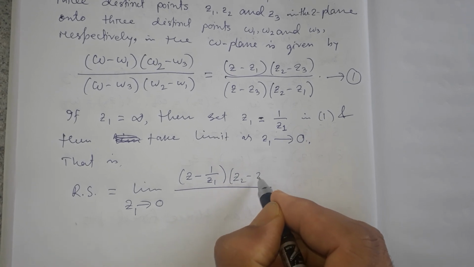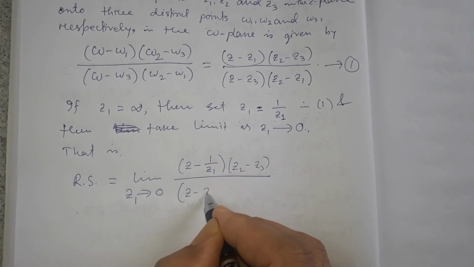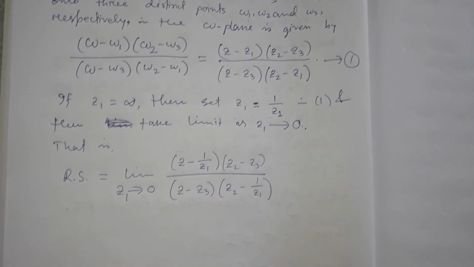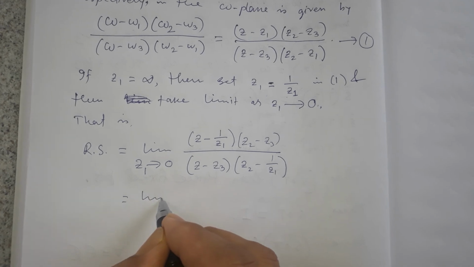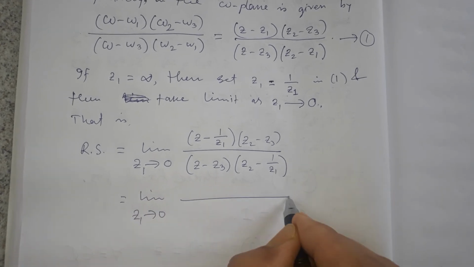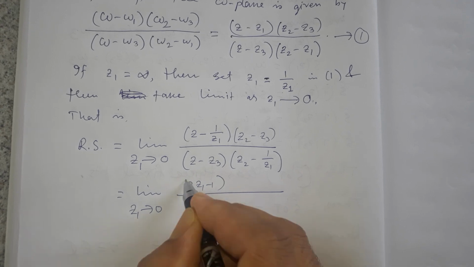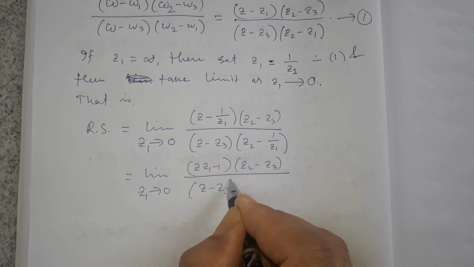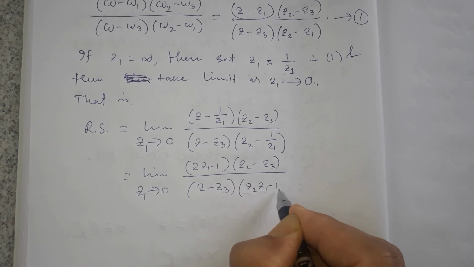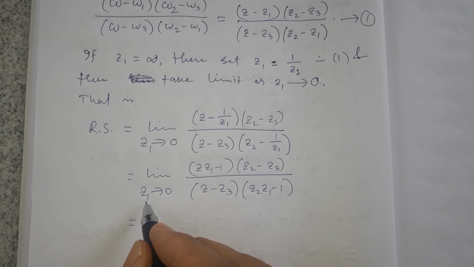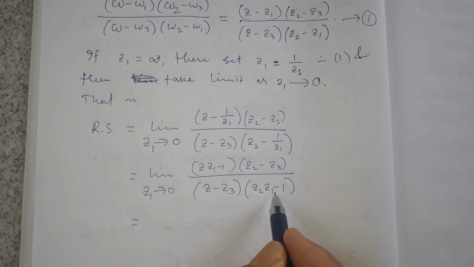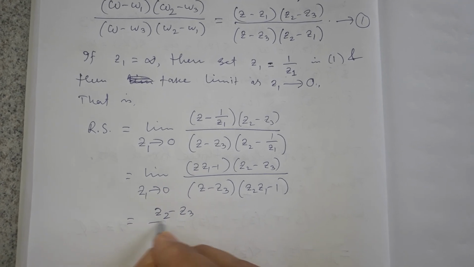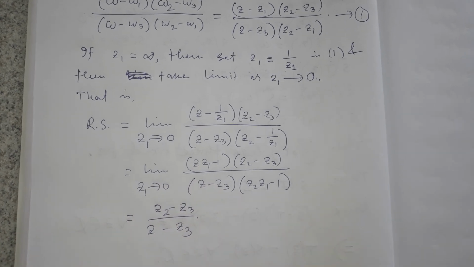If you simplify, you will find this is (Z1 Z minus 1)(Z2 minus Z3) over (Z minus Z3)(Z2 Z1 minus 1). If you take the limit as Z1 tending to 0, this is minus 1 and here also it is minus 1, so that cancels out. What is left is Z2 minus Z3 over Z minus Z3.